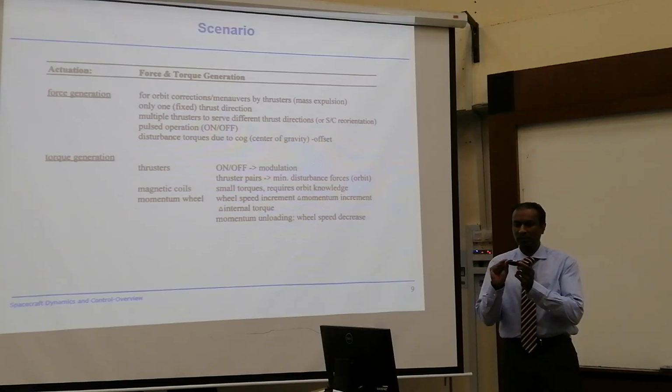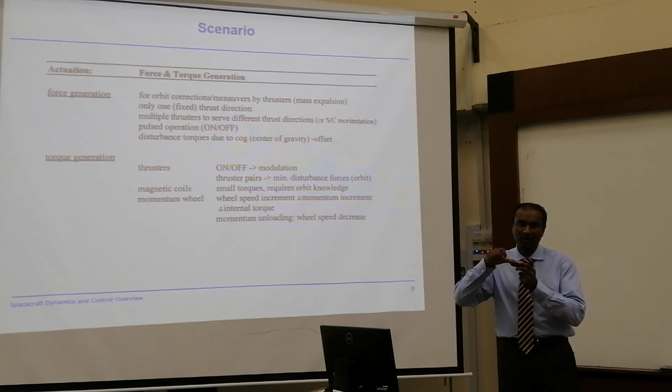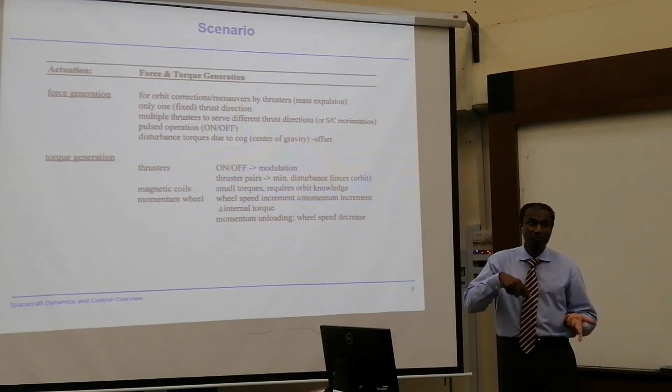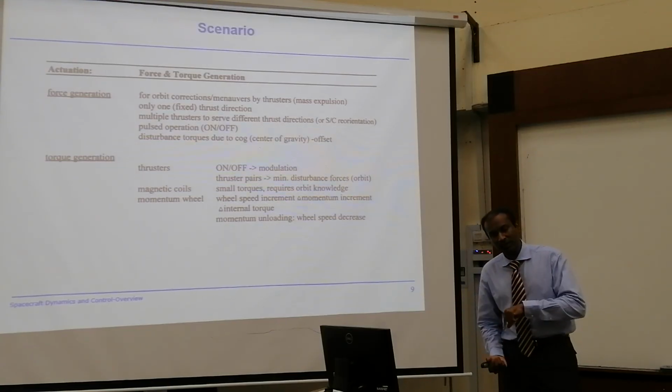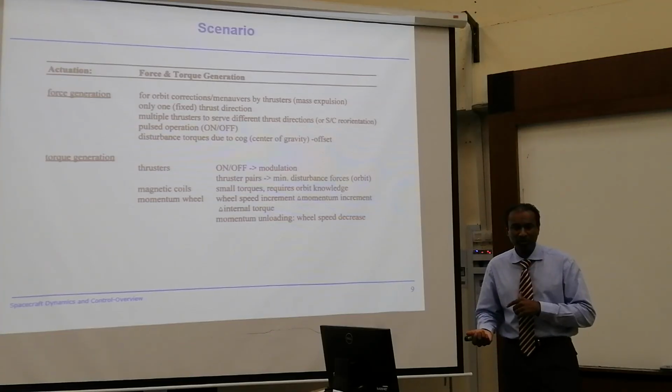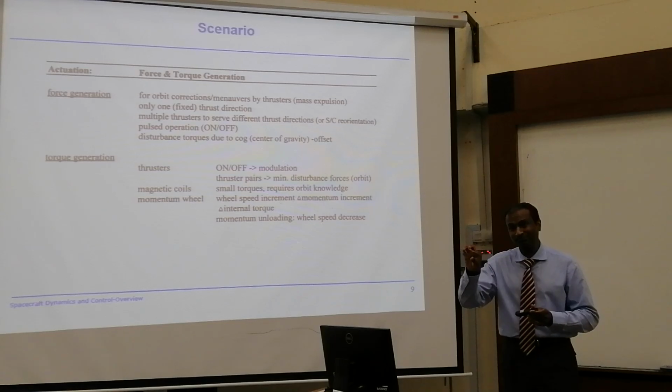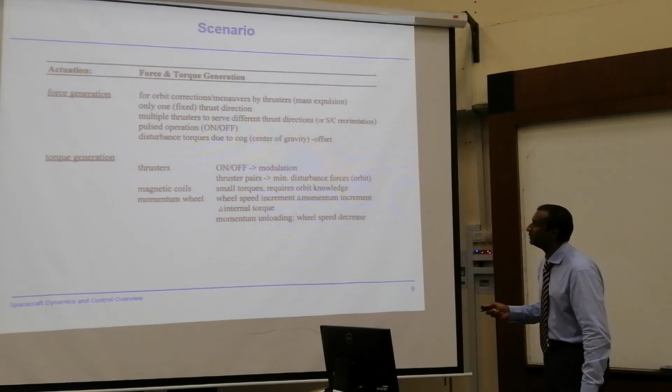You put a thruster here, it can give you translation motion. You put a thruster here and a thruster downward, it can give you rotational motion. It can be used for attitude and for orbital control. But more important is where you are going to put your thrusters.